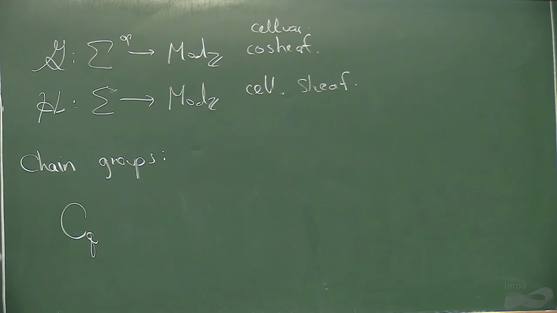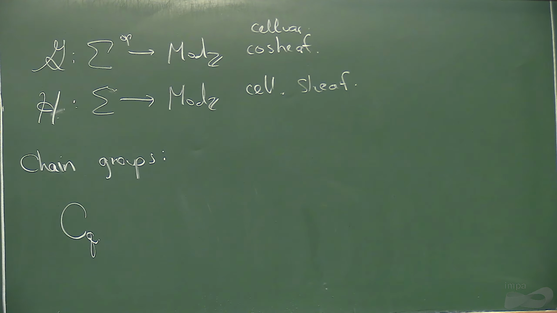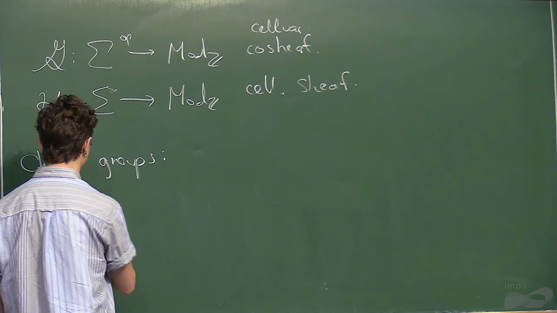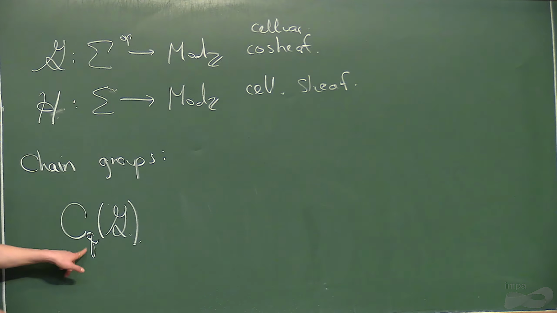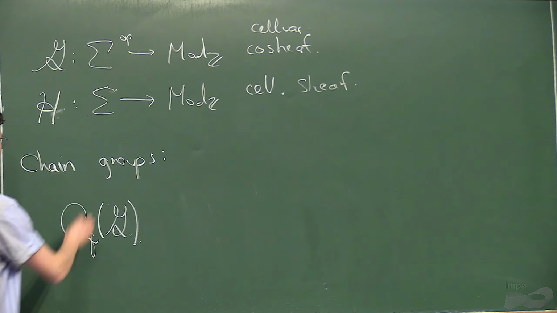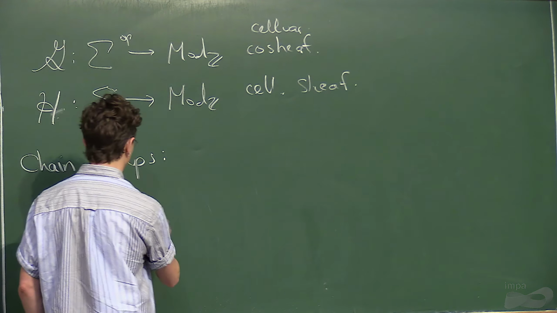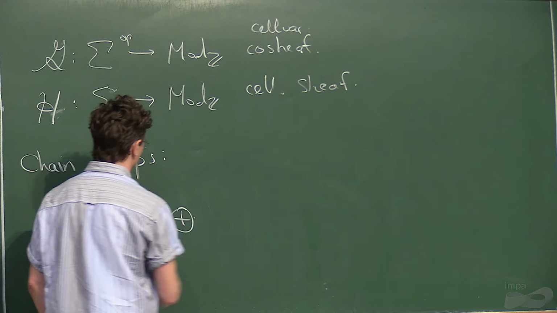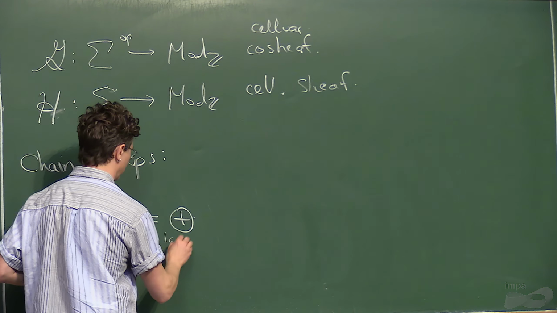Your letters are H and? This is a G and this was an H. Thanks. My handwriting is not so good on the board. So I use a lower index for G because I'm going to use homology here. And I'm going to put some decoration in a second. But what we'll take is a direct sum over all q-dimensional faces.